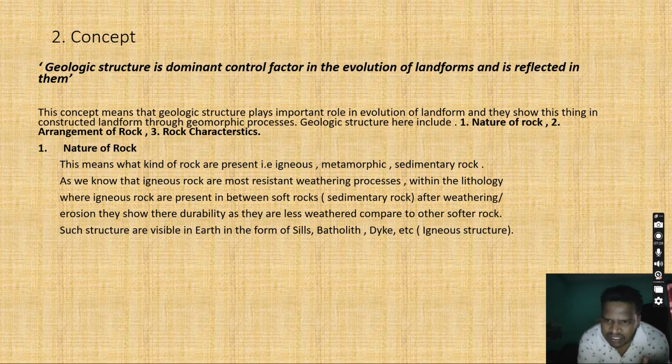What is a competent layer and what is an incompetent layer? A competent layer is harder as compared to an incompetent layer, and incompetent layers are softer. Competent layers are composed of igneous rock, high grade metamorphic rock, and more or less sedimentary rock.